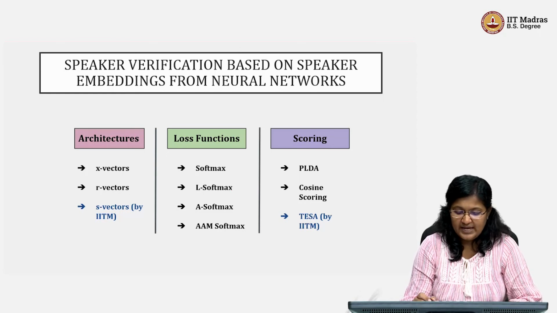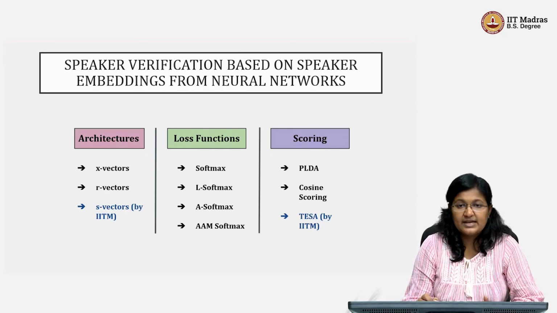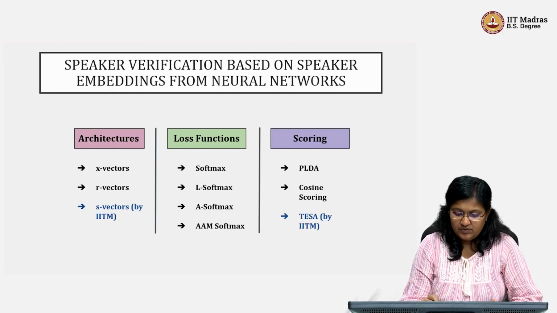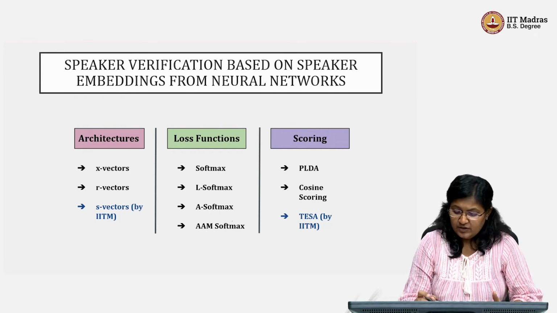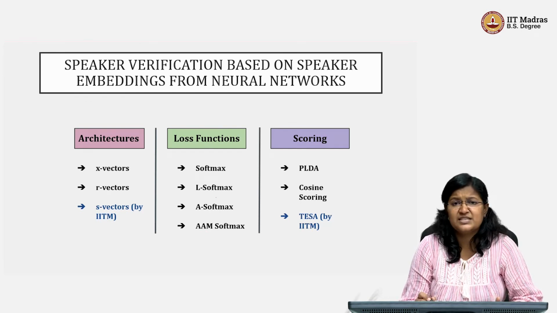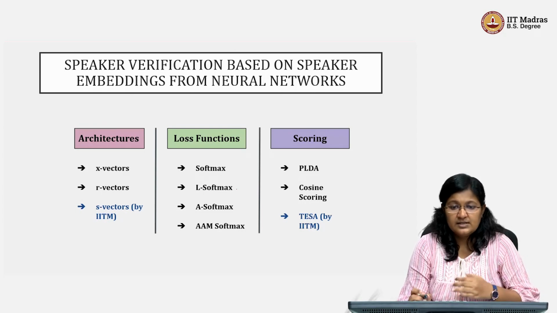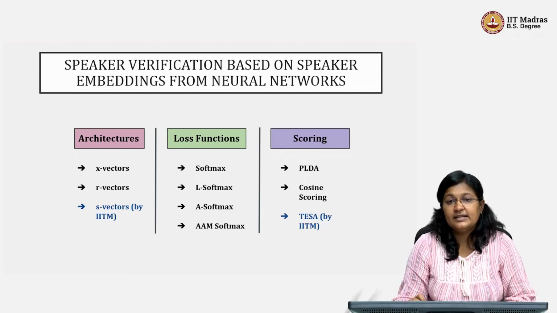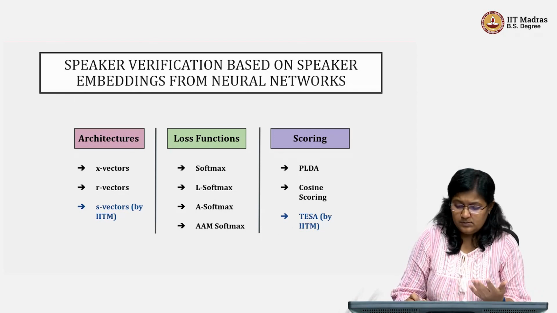So a plain softmax, L softmax, A softmax, which is angular margin softmax, AAM, additive angular margin softmax, where L is large margin softmax, but we will not get into the details of all these loss functions. Just know that there is lots of research going on, and they are giving improvements in the final scoring stage.